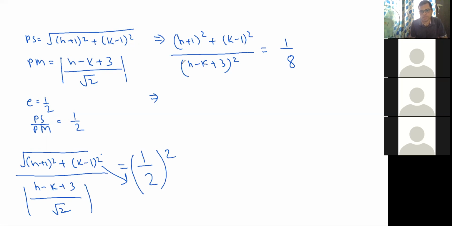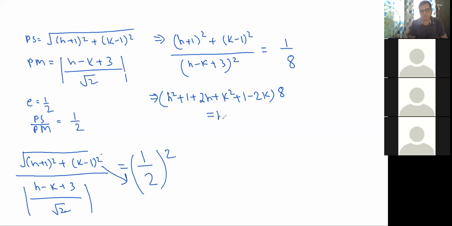So what would you get? h square plus 1 plus 2h, plus k square plus 1 minus 2k, into 8, is equal to, now you apply this formula, (a plus b plus c) whole square.